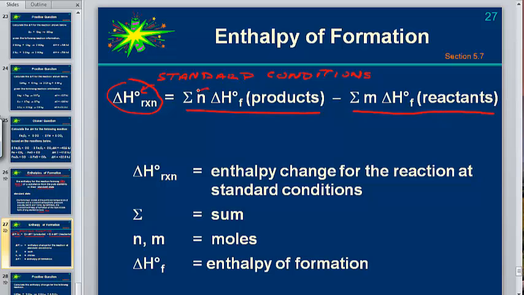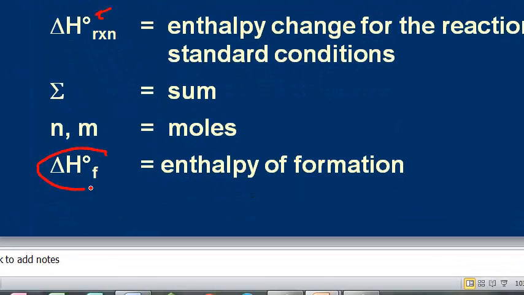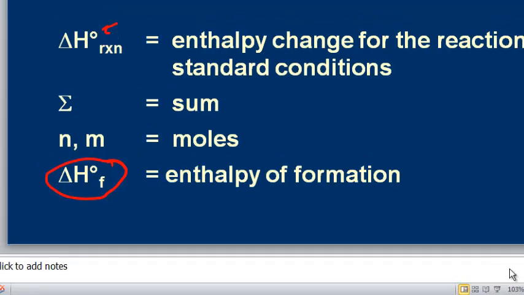Now, what's this N here? That refers to the number of moles of product. And what's this M here? That refers to the number of moles of our reactants. So delta H of the reaction under standard conditions is just the enthalpy change for the reaction. This little sigma here is sum. N and M stand for moles. And delta H of formation is the enthalpy of formation of 1 mole of a substance under standard conditions.